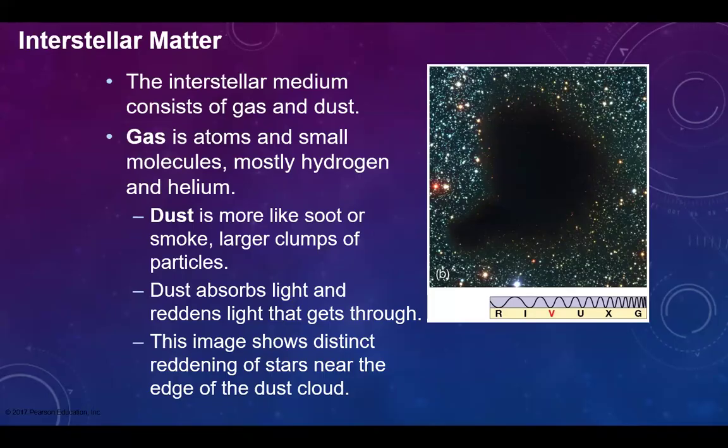That's because the dust scatters shorter wavelengths more than longer wavelengths. So near the edge of this dust cloud, you can see the reddening and dimming of stars. And this is a problem if you're trying to measure the temperature of stars just by color, because this will distort your readings. So you need to do spectroscopic studies.